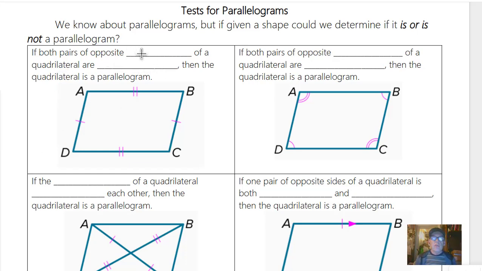If both pairs of opposite sides of a quadrilateral are congruent, then the quadrilateral is a parallelogram. If both pairs of opposite angles of a quadrilateral are congruent, then the quadrilateral is a parallelogram. So we got opposite angles congruent.